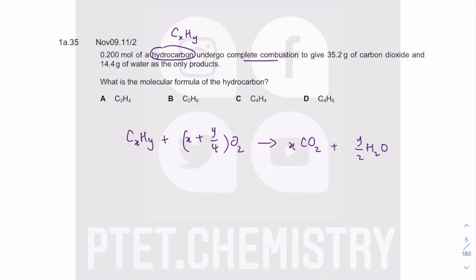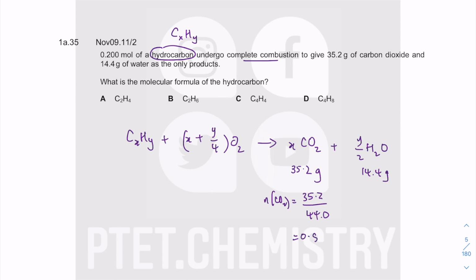Okay. What else? I have 0.200 mole of hydrocarbon. I know I get 35.2 gram of carbon dioxide, and I know I get 14.4 gram of water. So the mole of CO2 is going to be the mass divided by the Mr, which is 44.0. If you do 12.0 plus 16.0 times 2, that is what you would get.